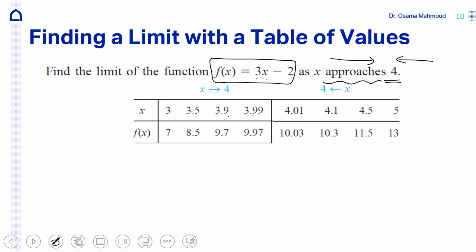Also I get values to the right of 4: 4.01, 4.1, 4.5, and plug them in to find the value of the function. If you notice, when you get close to 4 from the right and left, the value of the function is very close to 10. So the limit when x approaches 4 is 10.